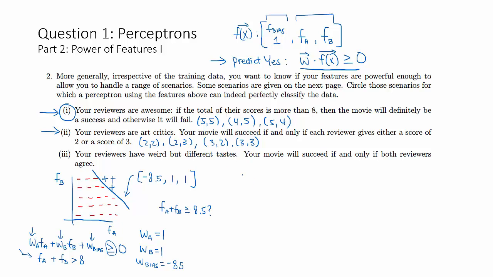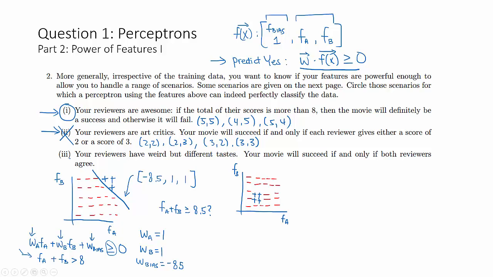So we can plot this out as well. Here's our axes. Let's say that these 4 points lie about right here, and all the other points fall around it. Can we fit a line that passes through this data? No, we can't. So the perceptron cannot classify this scenario correctly with the current feature space, and so let's cross this off.